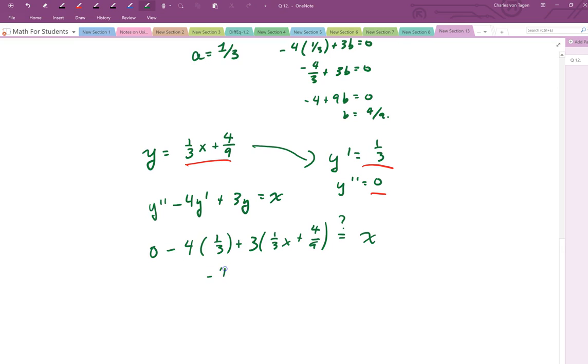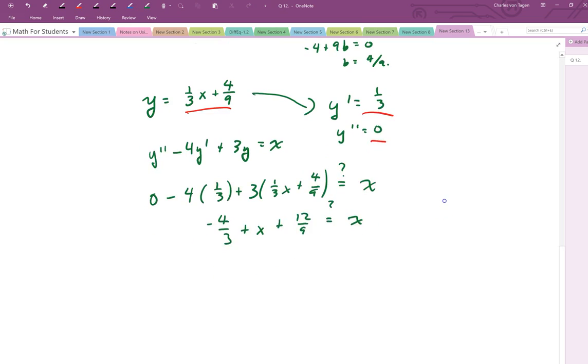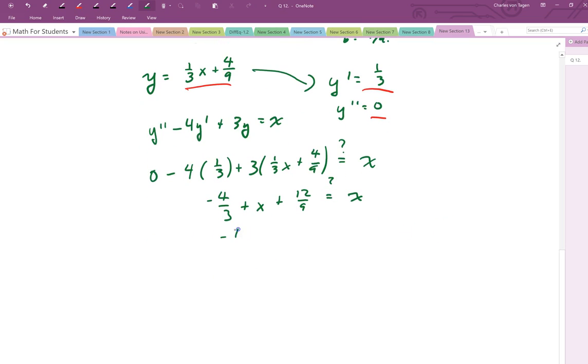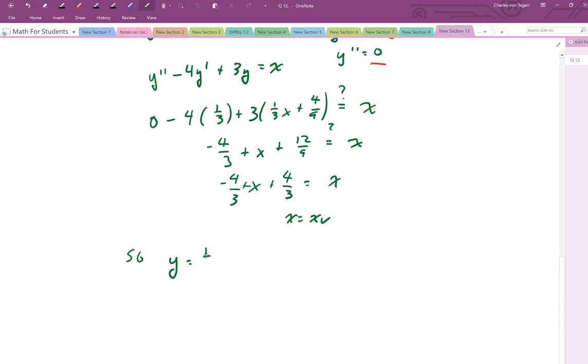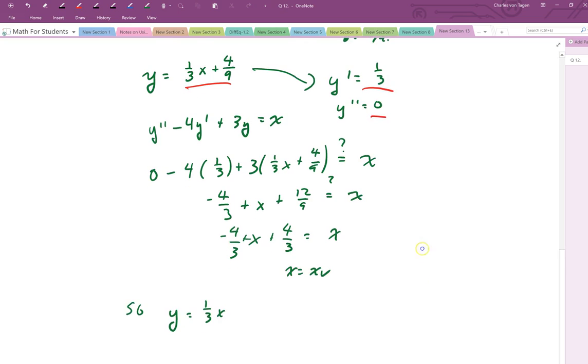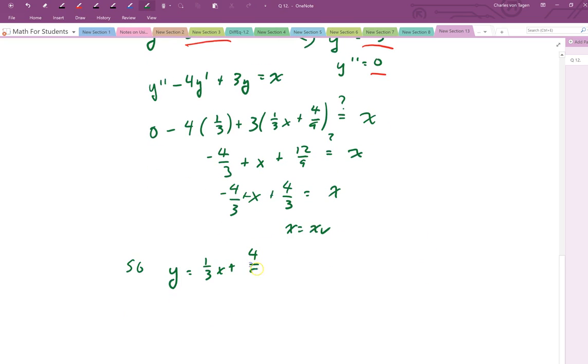So let's see, this gives us negative 4/3 plus x plus 12/9. Does this equal x? Well, I can reduce this fraction as positive 4/3, and so indeed we end up with x equals x. So we know that y equals 1/3 x plus 4/9 is a particular solution.